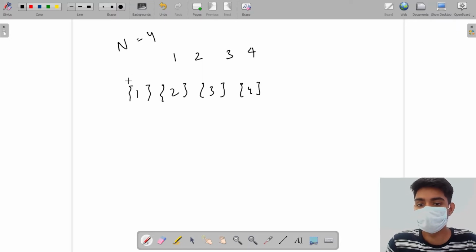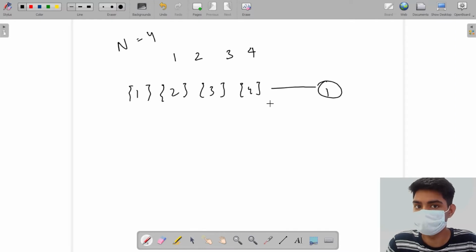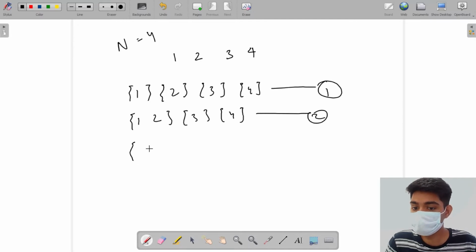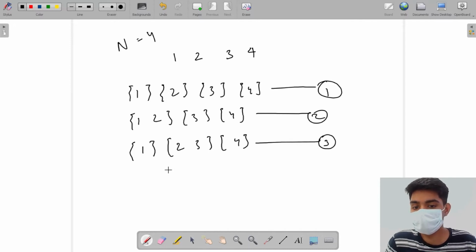So this is going to be one way in which they go to the party. This can also be a way: 1 and 2 are going in a pair, 3 and 4 are going alone. This is also a way: 1 is going alone, 2 and 3 are going in a pair, 4 is going alone.